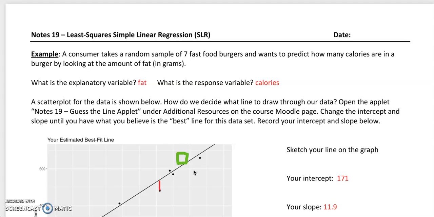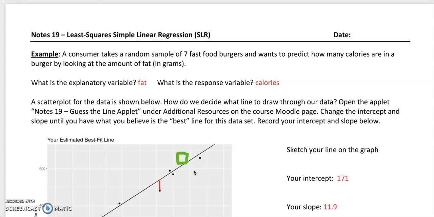Correlation let us understand the direction and the strength of the relationship, but it didn't let us make predictions. It didn't let us understand how those two things were related, just how strong they were. Linear regression is going to let us take that idea of correlation a little bit further.